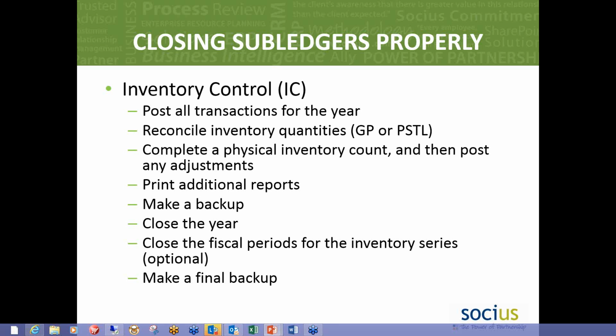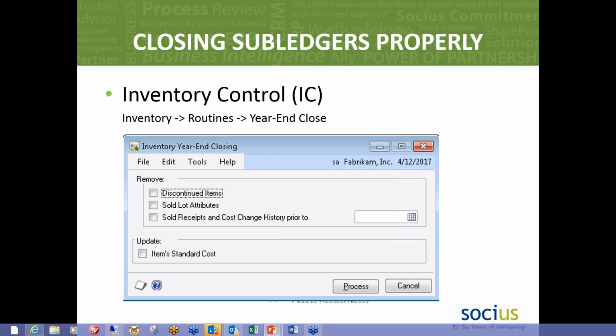The inventory process itself is pretty simple. The closing of the year is simply going to this window, Inventory Routines, Year-End Close, making the appropriate selections for what you would like the results to be in regards to discontinued items, sold receipts, etc., and then clicking the Process button to make that all happen.